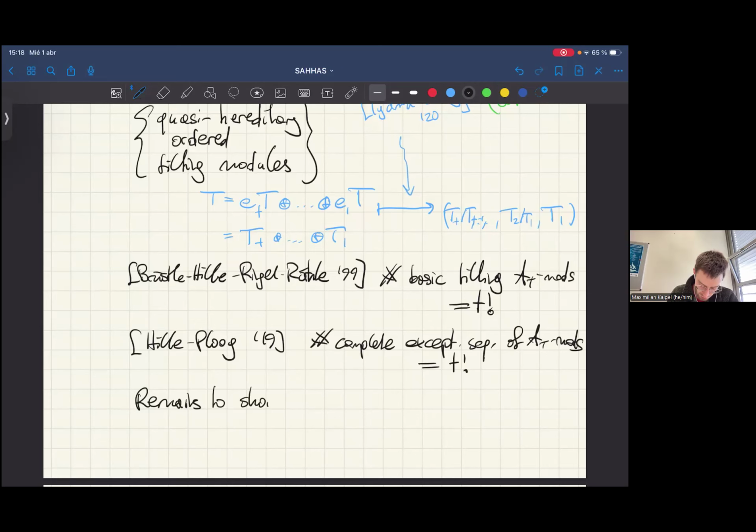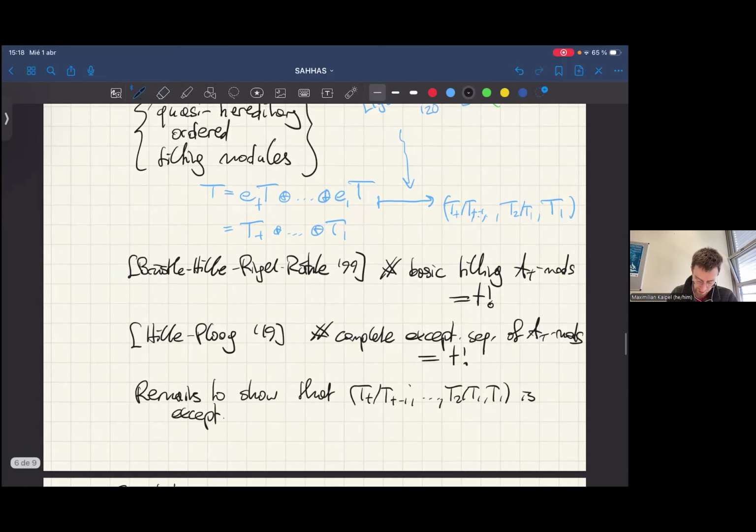to show that this sequence T, quotient T minus 1, and so on, sorry, T1 is exceptional, which can be done from some diagram chase. Let's see how to write this.